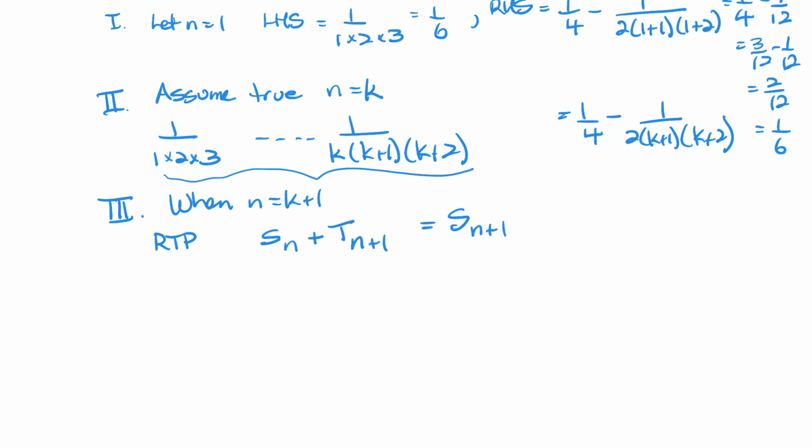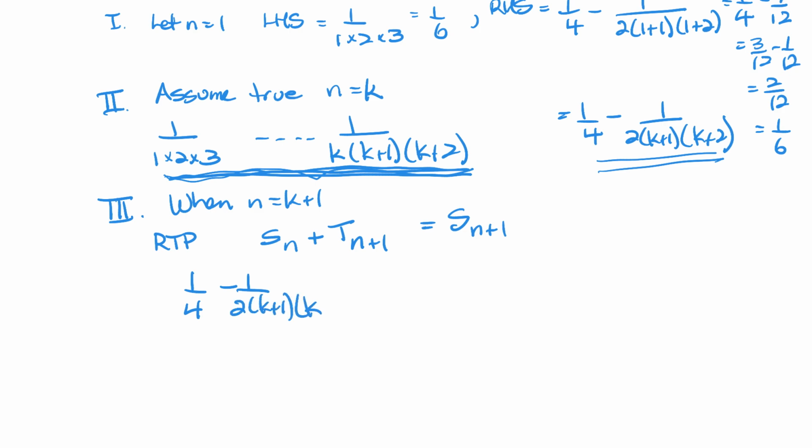So the sum of the first n terms is all of this stuff, but I'm not going to write all of that stuff. I'm going to write what we're assuming all of that stuff is equal to, which is this thing. So that is 1/4 minus 1 on 2 times k plus 1, k plus 2, plus the n plus 1th term, so that is this thing here with k plus 1 written in it. So that'll be 1 on k plus 1 and k plus 1 plus 1, which is that, and k plus 1 plus 2, which is that.